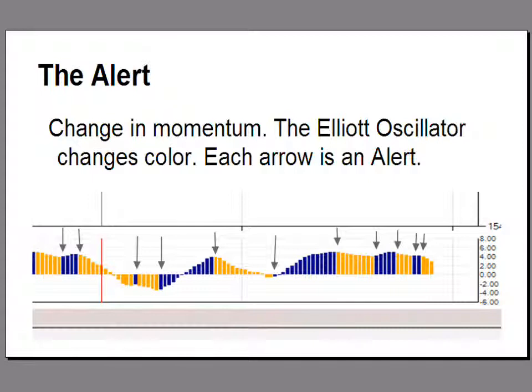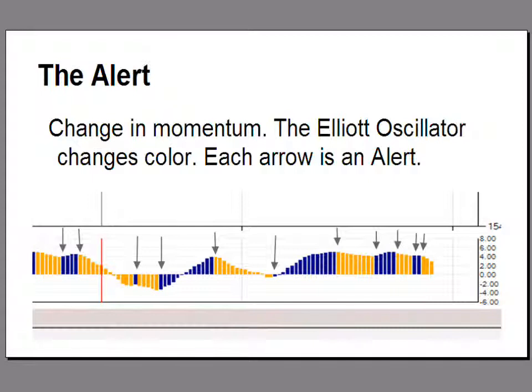Other software would probably color these histogram bars red and green, but again, as the studies suggest, that creates an emotional, if not subconscious, bias and creates certain expectations that are best avoided. That's the reason for the blue and orange bars.